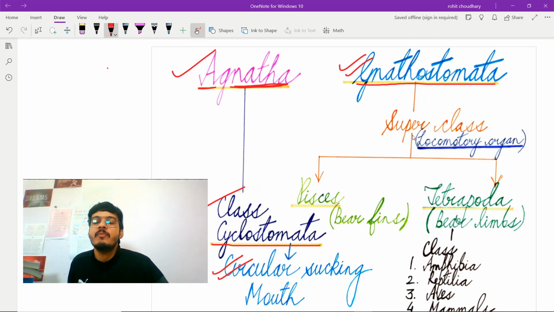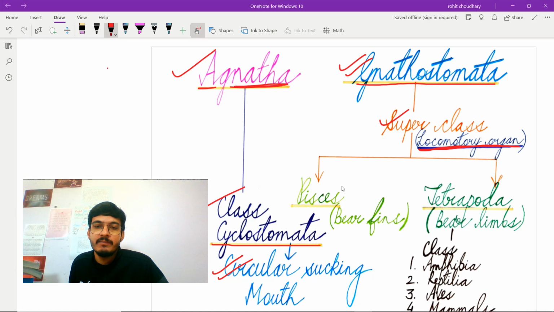And Gnathostomata has superclasses, and the members found in the superclasses have locomotory organs. On the basis of the locomotory organ, the members are categorized into two superclasses.